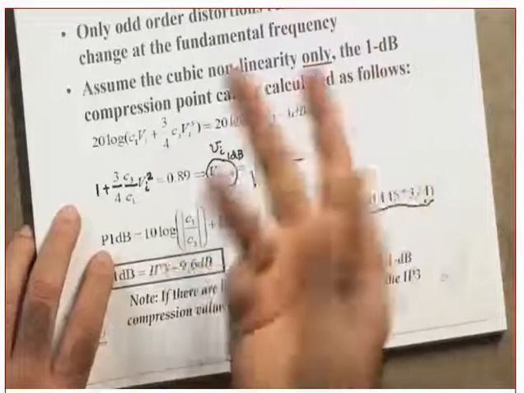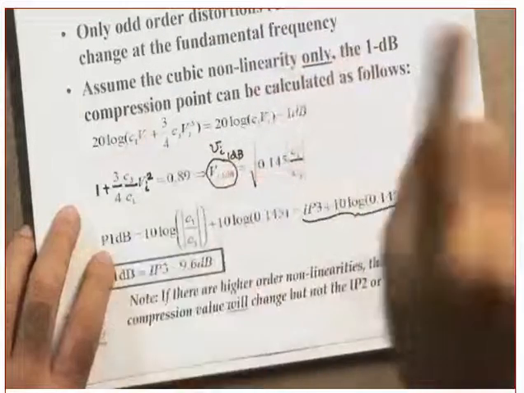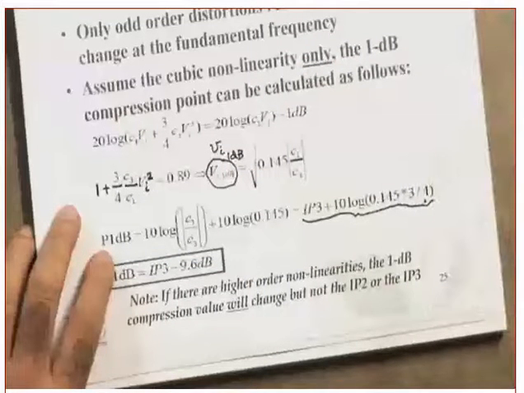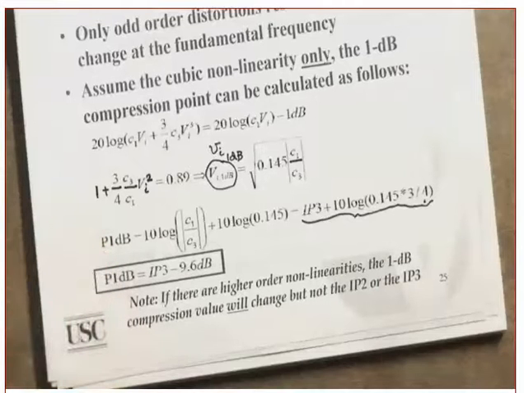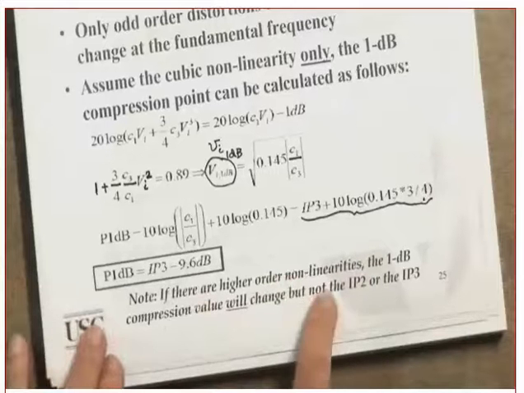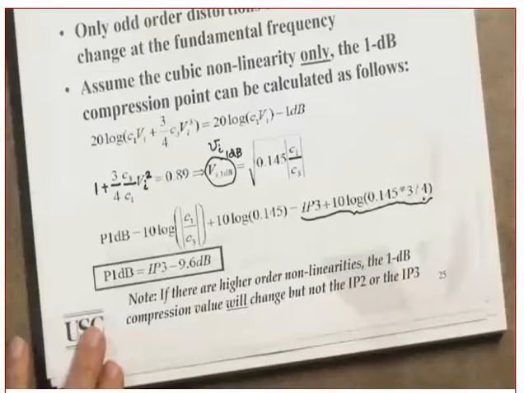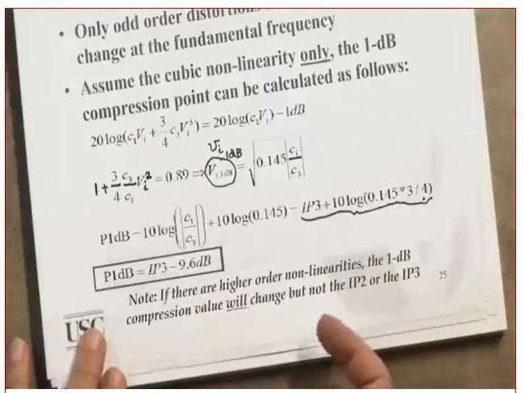This will come only when you have the power to the 3. You agree? If it is power to the 5th, you are going to get 5th order intermodulation. Yes or no? But this is what we are talking about, IP2 or IP3. Clear? These are the 3rd order intermodulation.